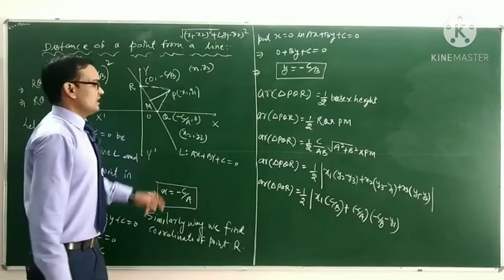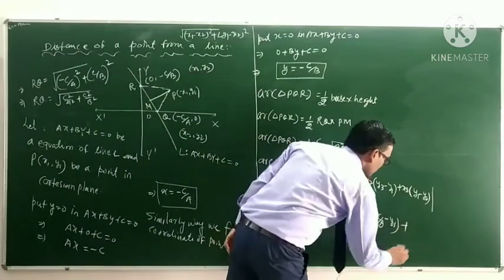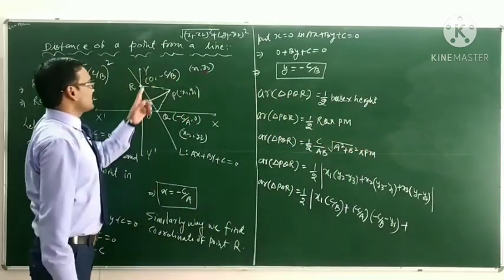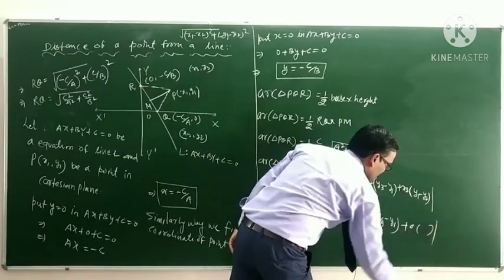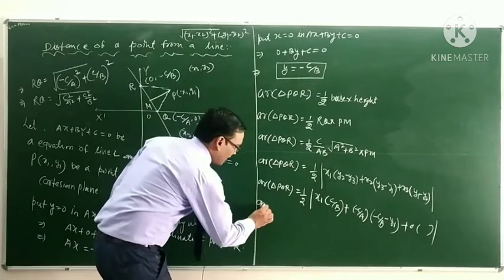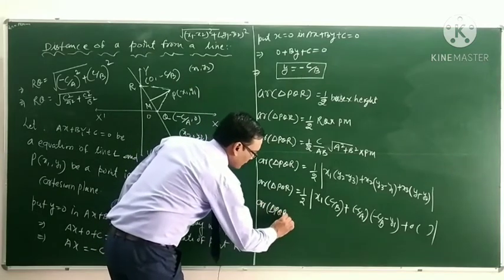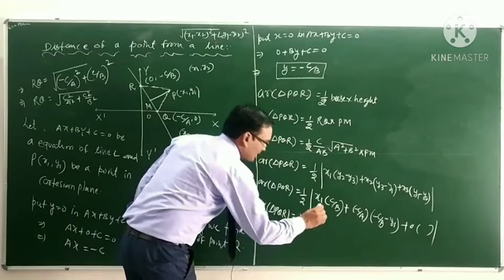Okay students, and plus x3 is 0 and multiplied by this is 0. Okay students, area of triangle PQR is equal to 1 by 2.